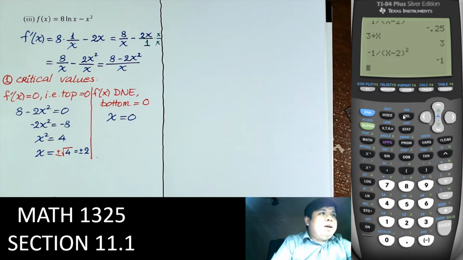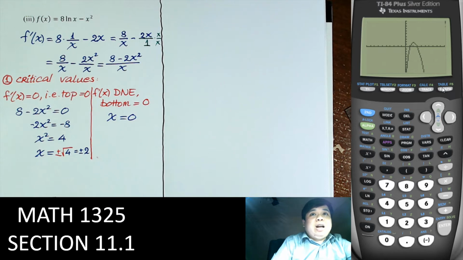Now if we have to sketch the graph, it is 8 times ln of x minus x squared. Of course, here we see where it's increasing or decreasing. That's easy.